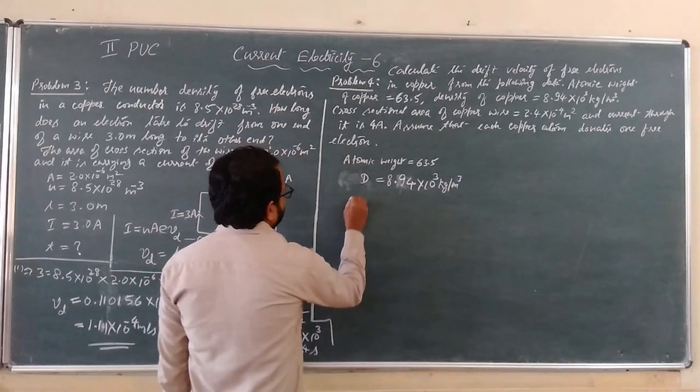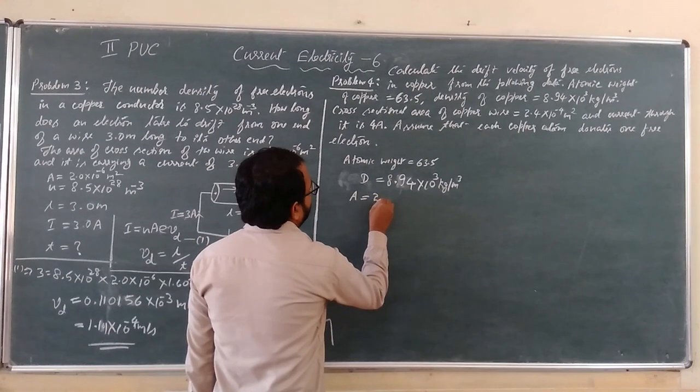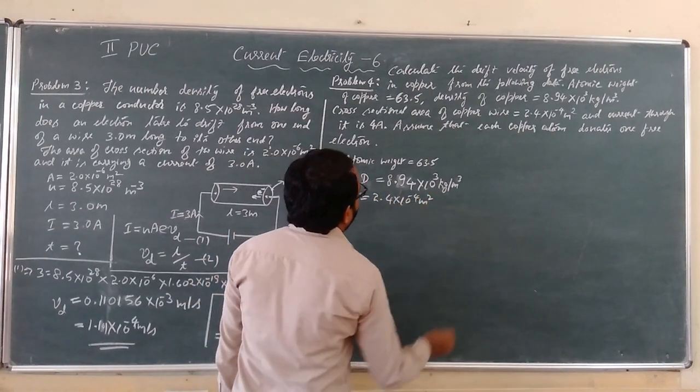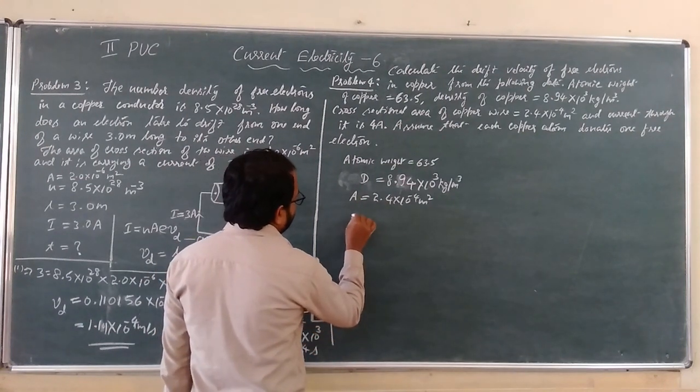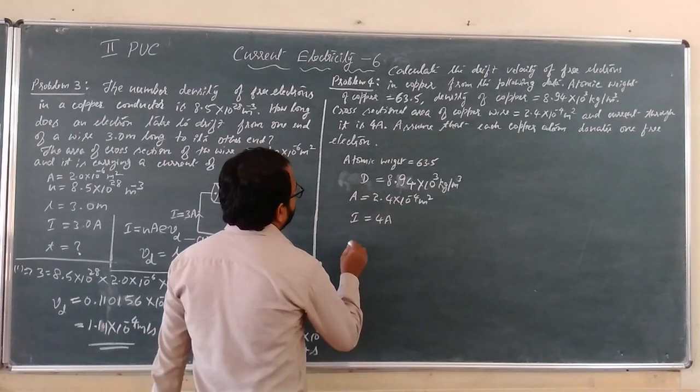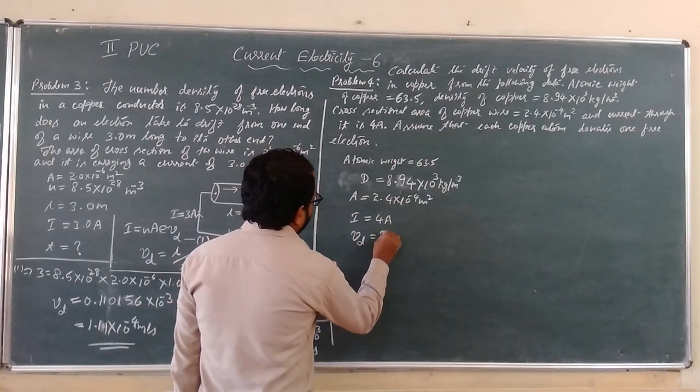Cross section area is A, it is 2.4 into 10⁻⁴ meter square, and current through the conductor is 4 ampere. I have to find out the value of Vd.